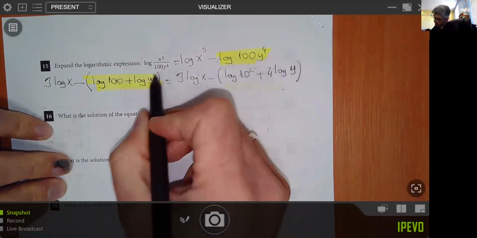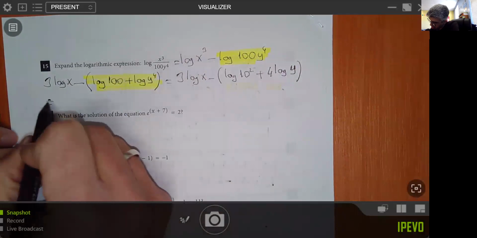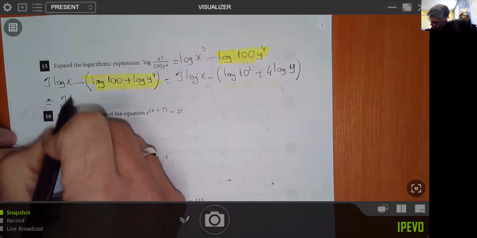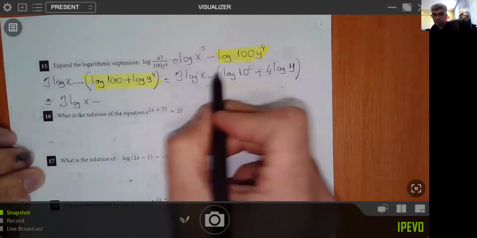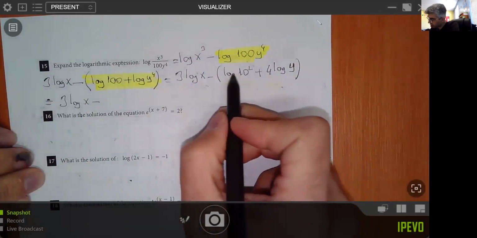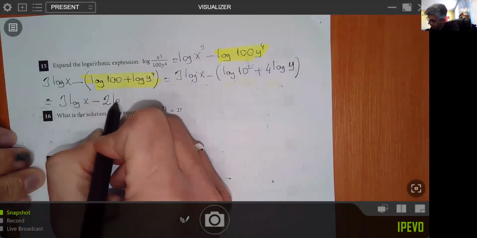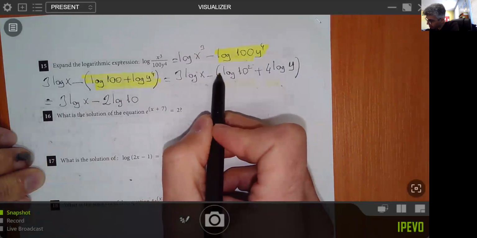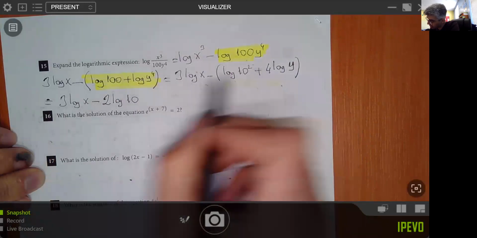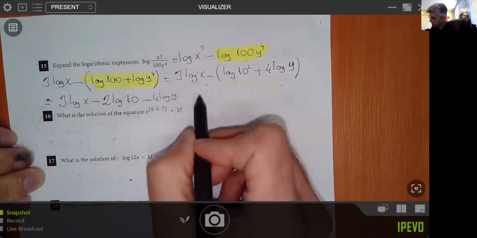That 4 I write as a coefficient. So it is equal to 3 log x minus, I distribute this minus, 2 log 10, that power I write as a coefficient, and minus times plus is minus 4 log y.